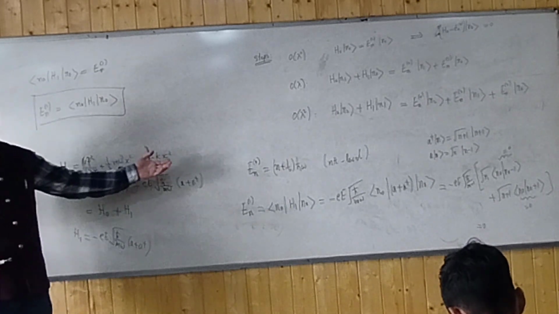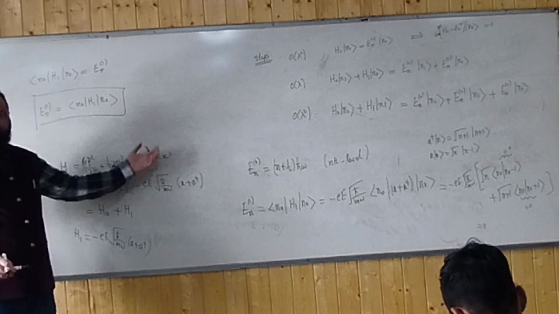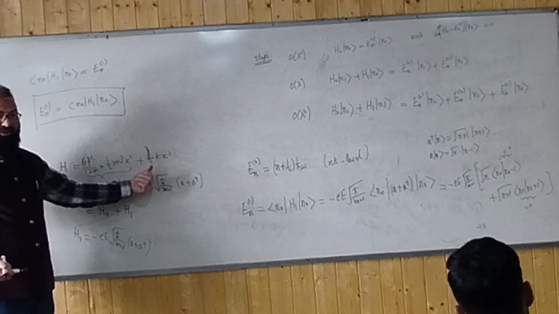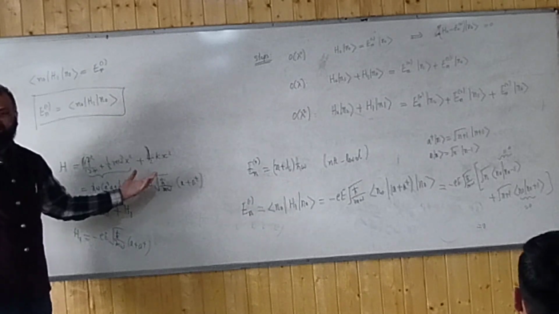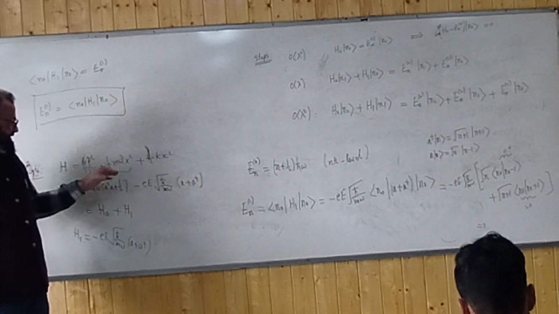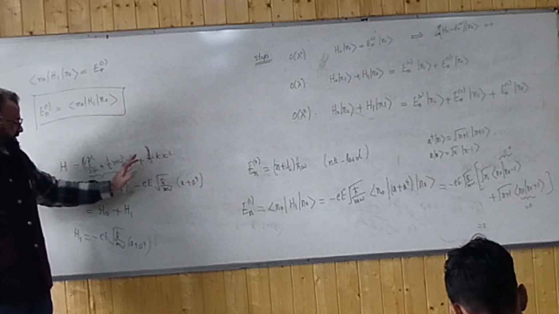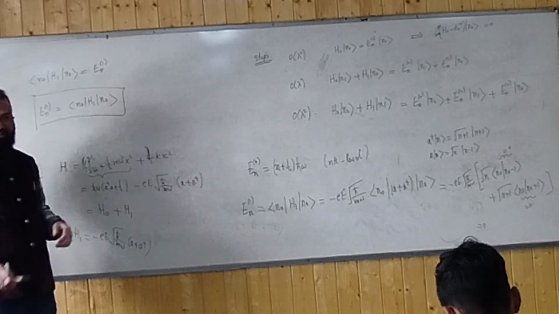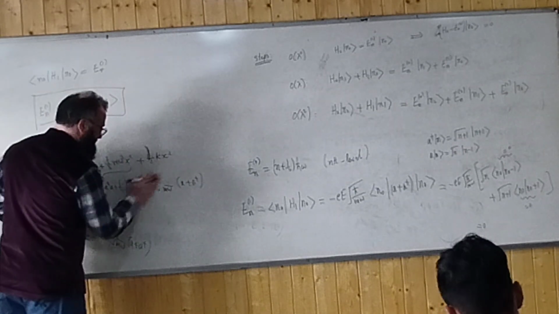I'm just adding one more quadratic potential, which simply means you have changed the spring constant of the problem. You have just changed the frequency of the system, so it will affect your energy. Let's calculate the first order corrections.